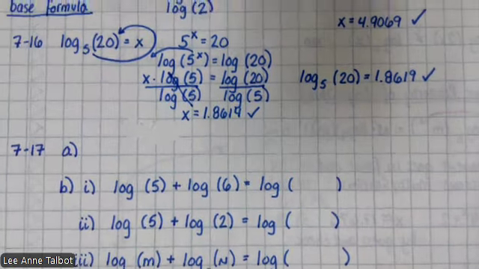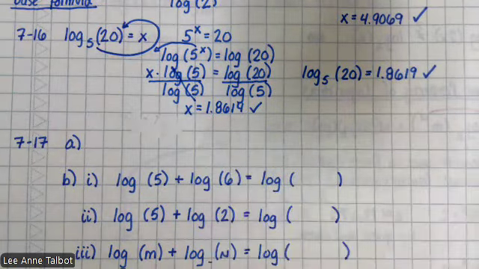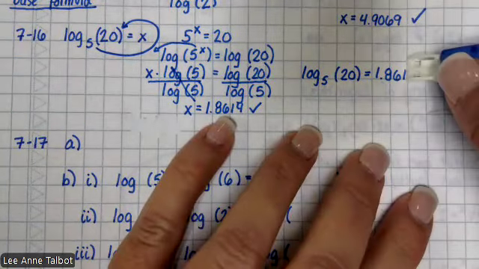Okay, look up at the screen when you're ready. I got 1.8614. I don't know why I made this look like a 9. That's supposed to be a 4.